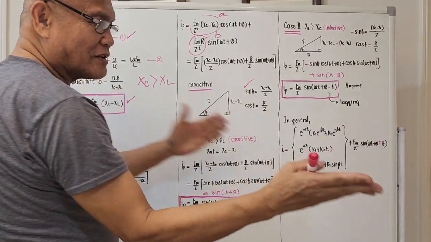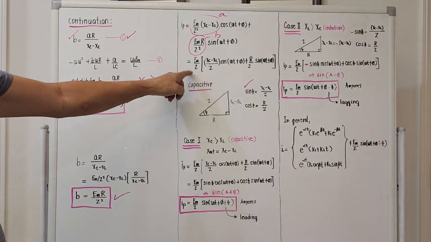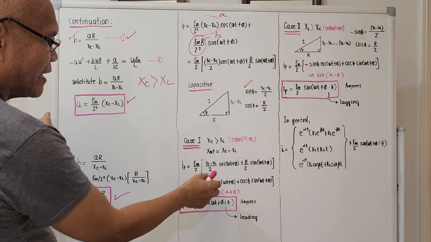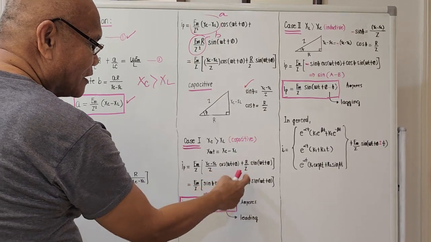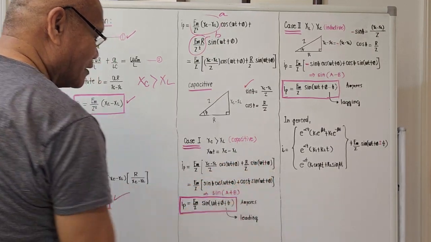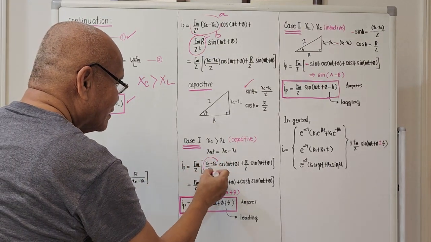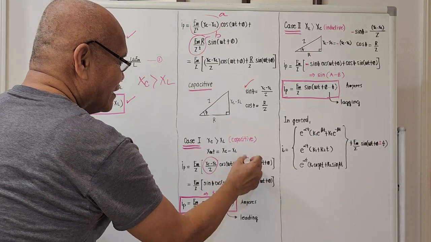That's trigonometry. So if we go back here, it will become E_m over Z times the quantity X_L minus X_C over Z cosine of omega t plus R over Z sine of omega t plus angle P. But this ratio here is actually sine of theta, and the ratio R over Z is cosine of theta.